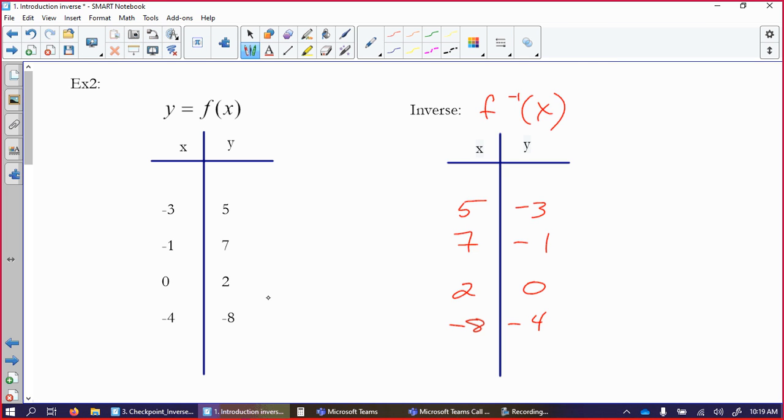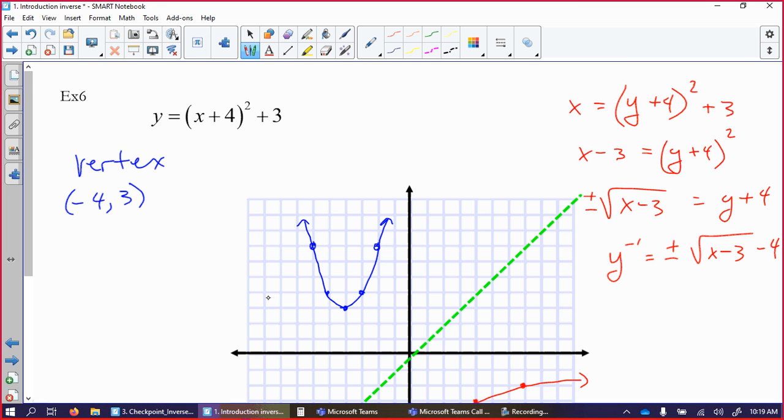I'm going to do it over here because I like my parabola better. So you did quadratics. This has a domain. Well, it can be, that's what you would formally do.